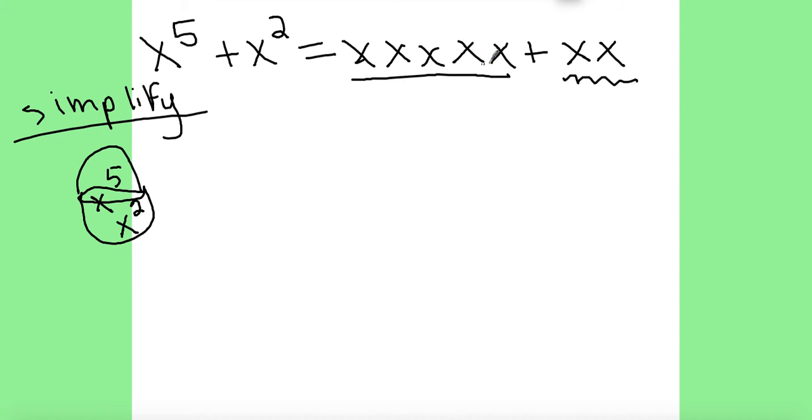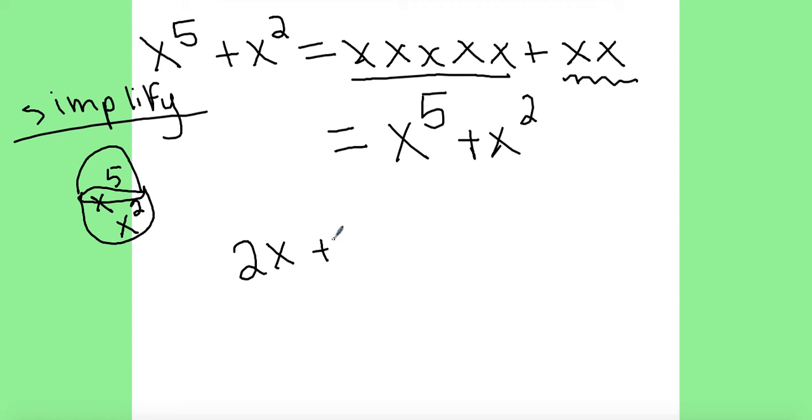X to the 5th power is a different object than an x squared. So in fact, I can't simplify this. It's just x to the 5th plus x squared. And that doesn't change no matter what objects we have if they're different.